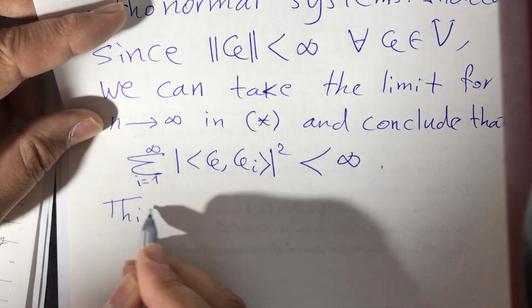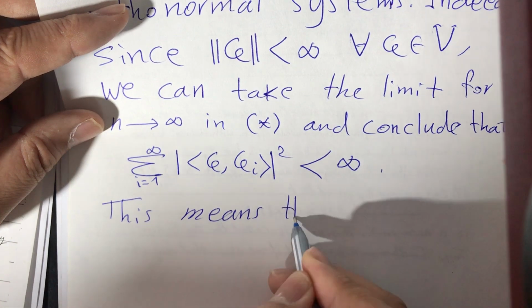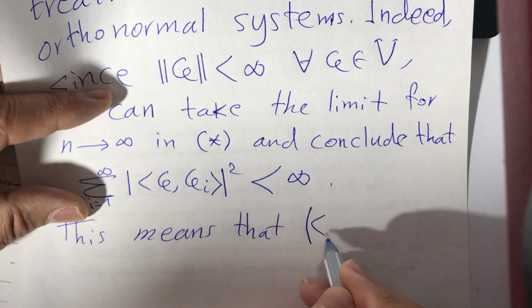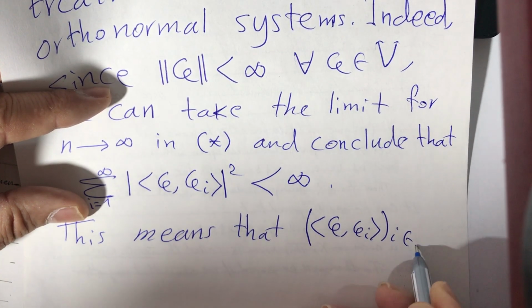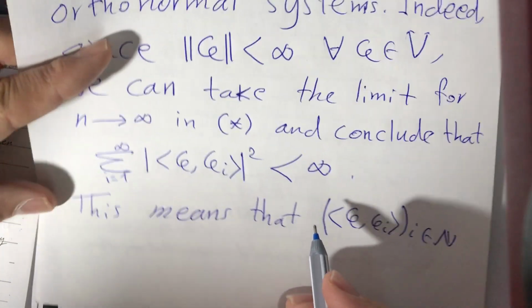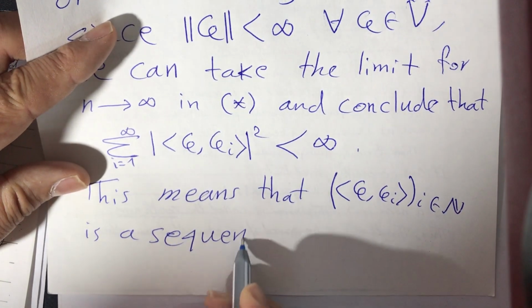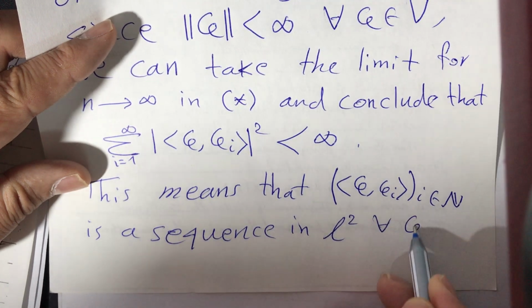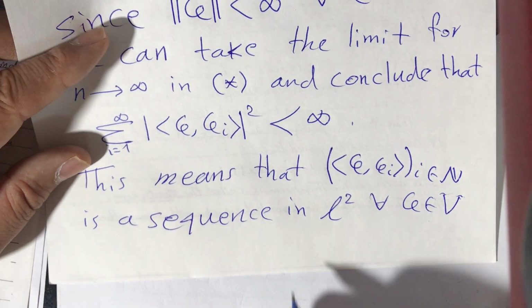This means that the inner product of phi and phi i, for i in the natural numbers, is a sequence in L2 for all phi belonging to V. It's page number 4.